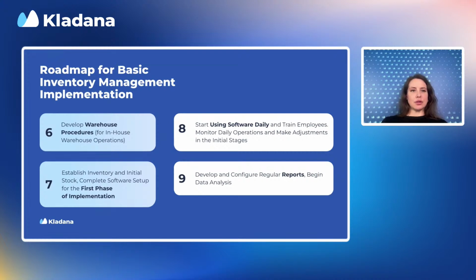After that, you have to make a full inventory catalog, establish initial stock, and complete software setup for this first phase of implementation. After that, you have to add your colleagues, train them, and start using the software daily. Of course, you have to monitor daily operations and make adjustments if something goes wrong, like analyzing what exactly is not clear.